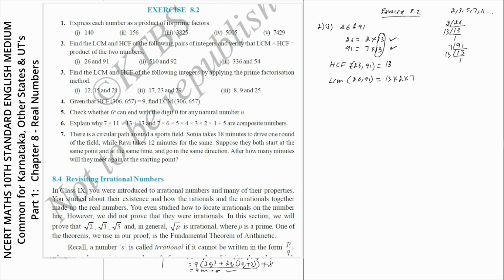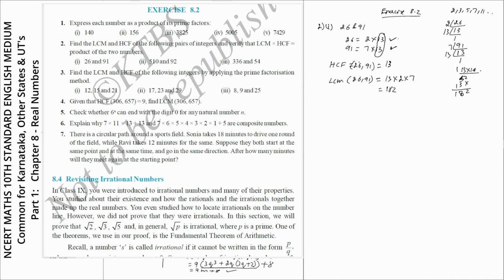So 13 into 2 into 7 will be the LCM. 13 into 2 is 26, 26 into 7 is 182. So LCM of 26 and 91 is 182.